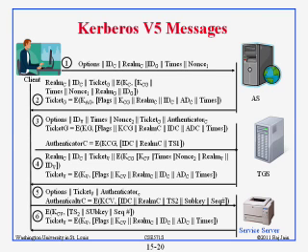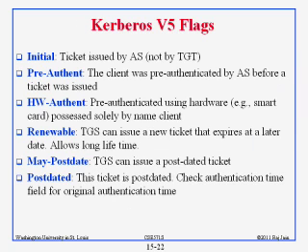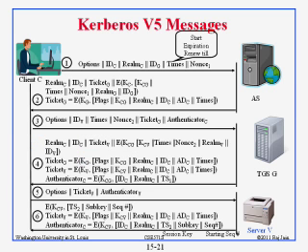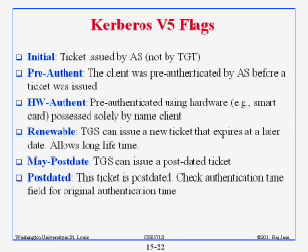Okay? All right, so flags. So these are new things. We talked about options and flags. In the options, the client tells the server which option flags it wants, and those are the flags which are set in the ticket, right?